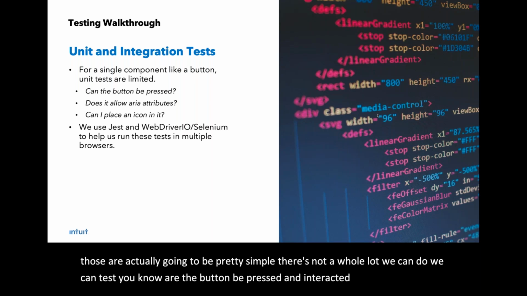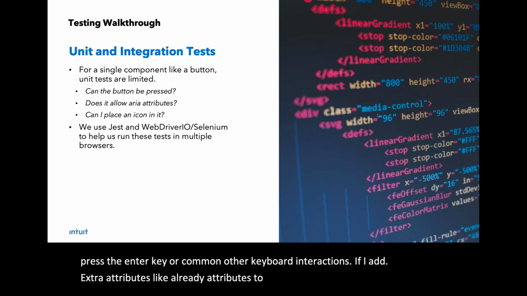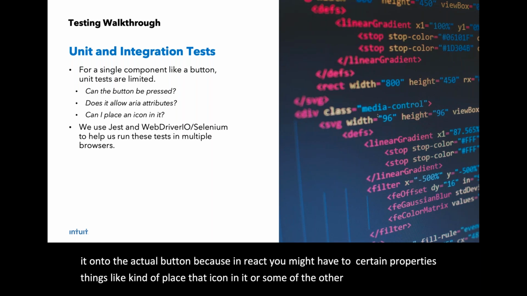Does it allow you to press the Enter key or common other keyboard interactions? If I add extra attributes like ARIA attributes to the React component, does that make it onto the actual button? Because in React, you might have to whitelist certain properties. Things like, can I place an icon in it, or some of the other configurations I talked about.